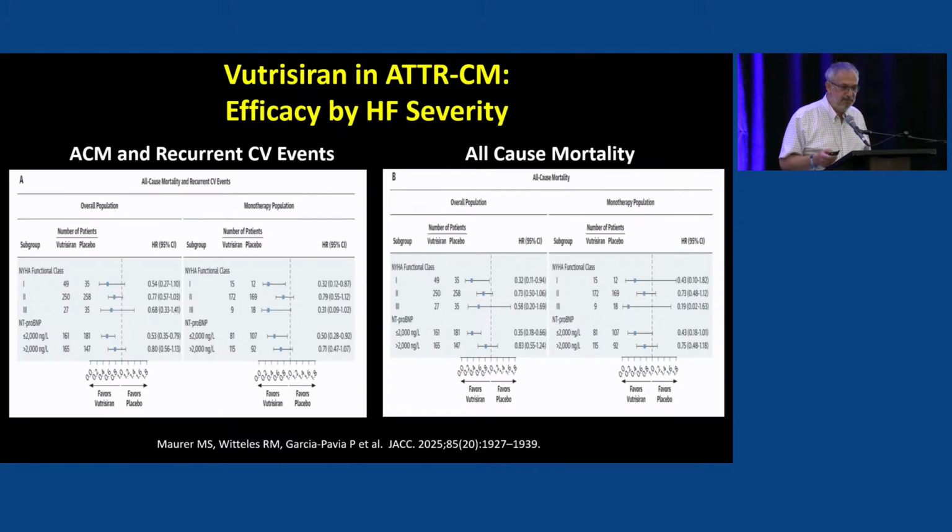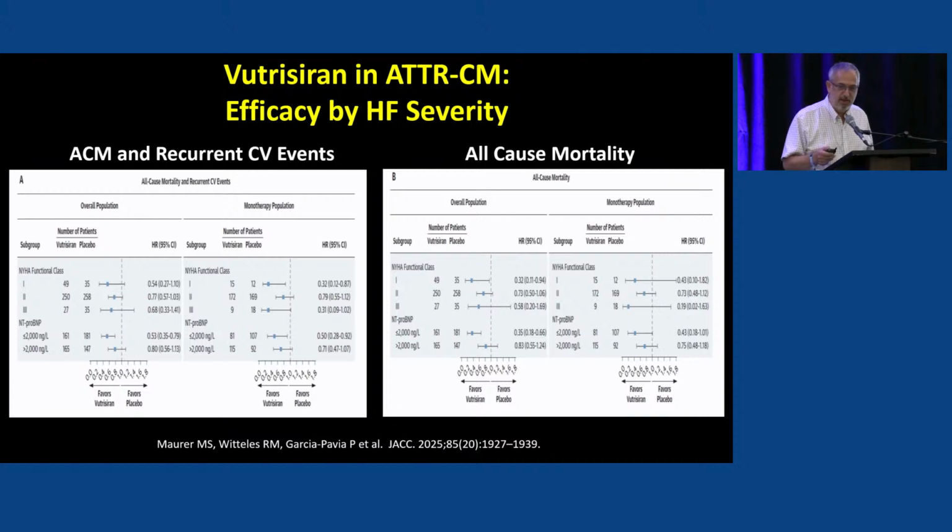If you look at different subgroups, looking at either all-cause mortality and recurrent events on the left, or all-cause mortality, and you look at the hazard ratios in particular using, for example, NT-proBNP above or below 2,000, you can see that there's greater benefit with a lower hazard ratio in general in patients who have earlier stage disease.